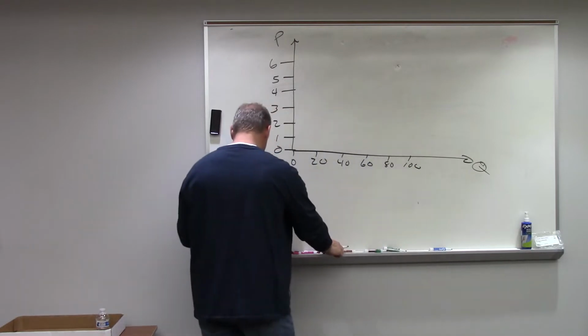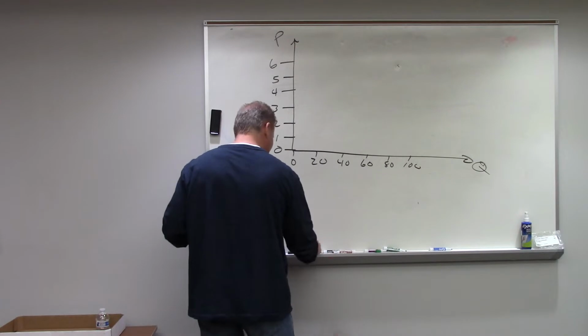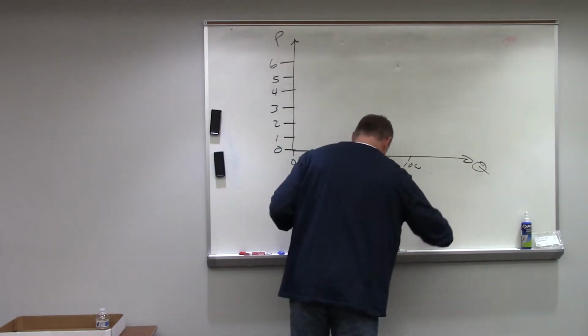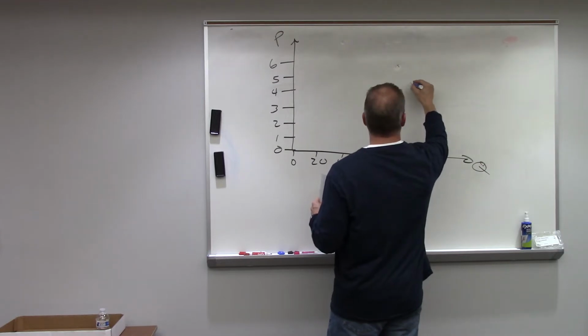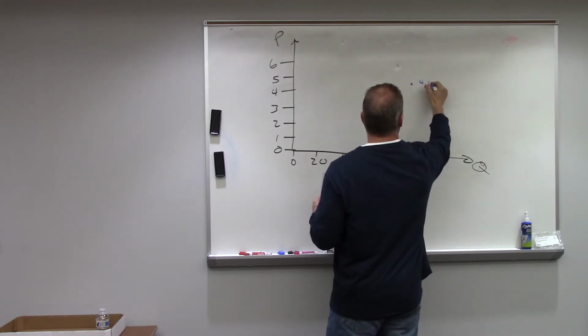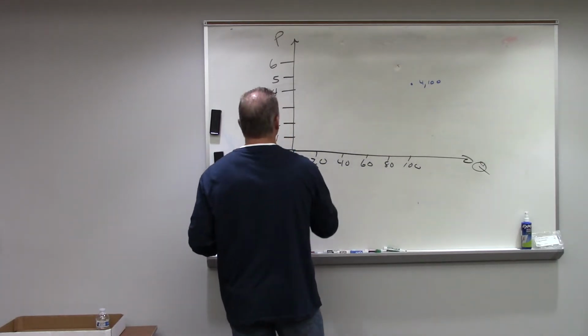Okay, we'll change things a little bit. All right, we're going to start out with 4 and 100. Let me go with blue. Okay, now let's go with a little bit of red here.